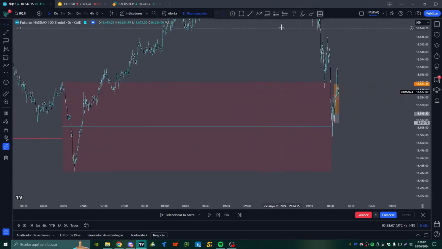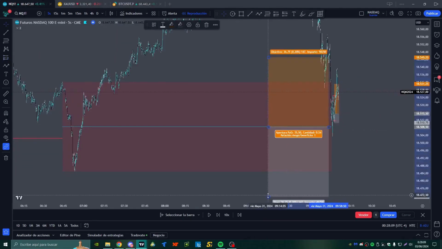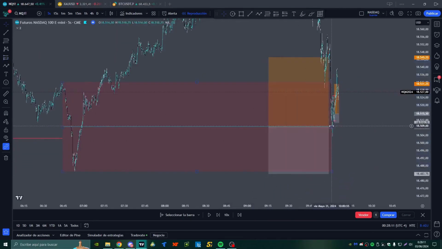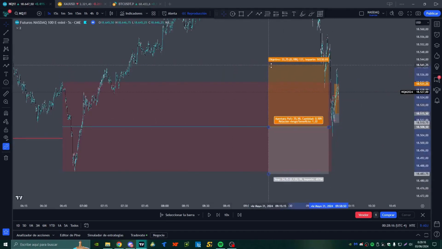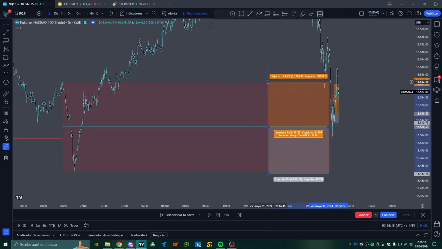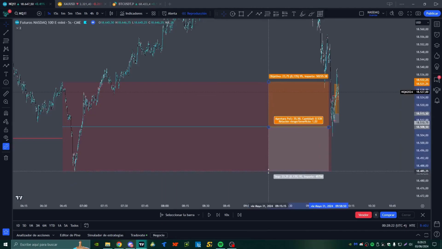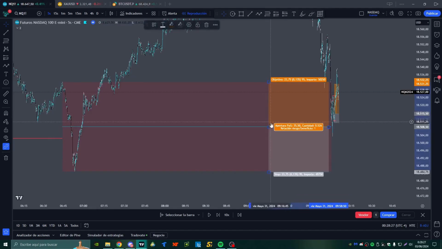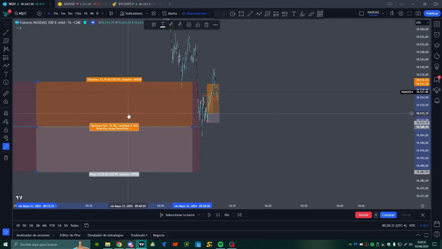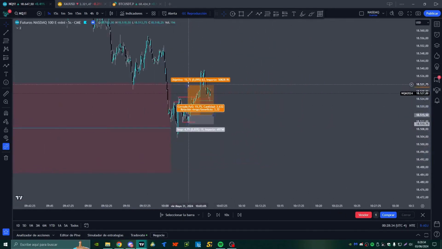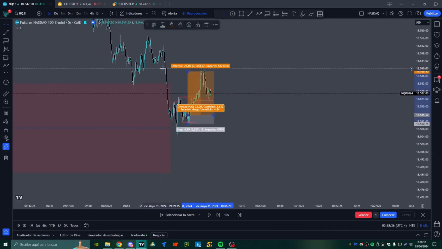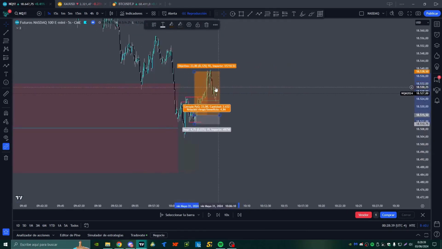So instead of taking a trade from that 50, which is where we were expecting a reaction, with a ratio of, let's say, 1-to-1, entering at 50% with the stop loss below the area and the TP exiting the area, which would have also worked out, we're going to be able to do this, and with a decent target.